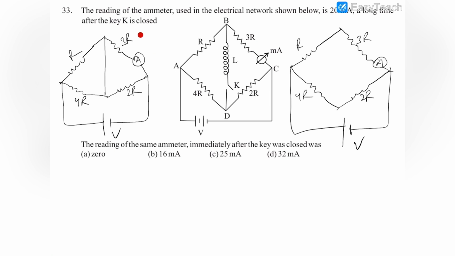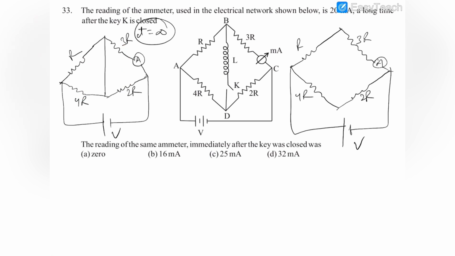I've already drawn the diagram of the t equal to infinity state. We know that in an inductive circuit at t equal to infinity, the voltage across the inductor becomes 0 and the inductor gets short circuited. So I've drawn this wire instead of the inductor. You can see that these two resistances are in parallel, and these two are in parallel.